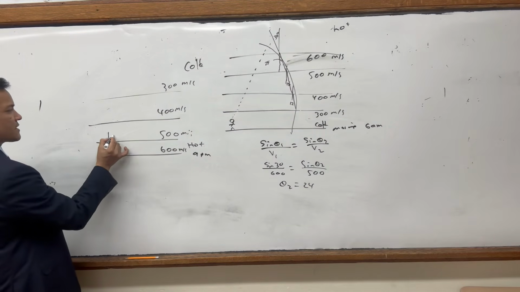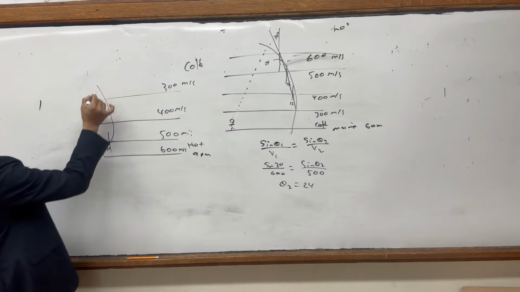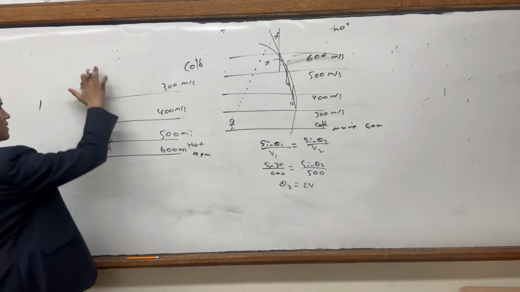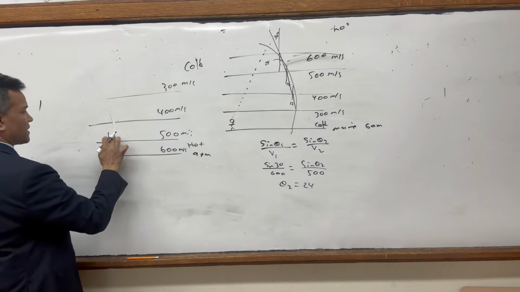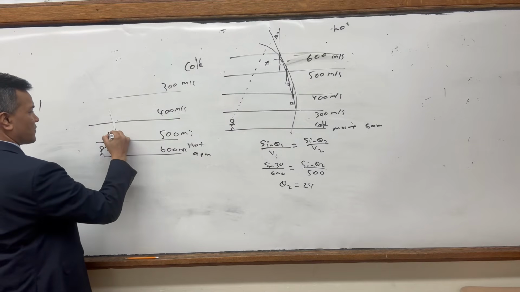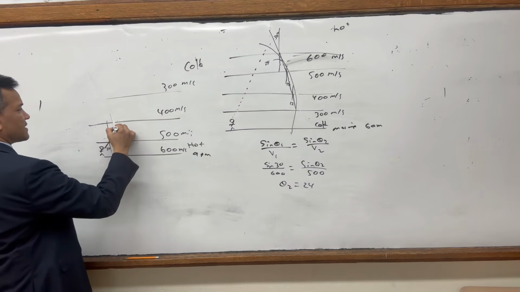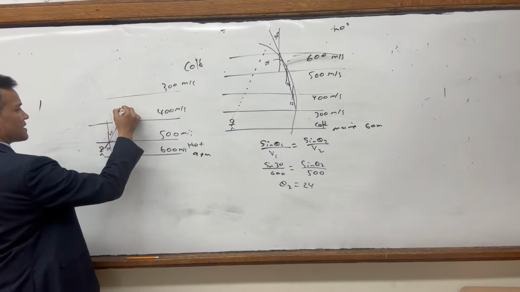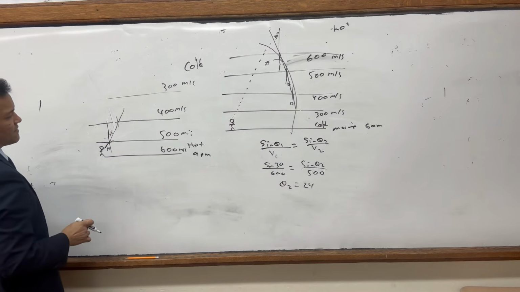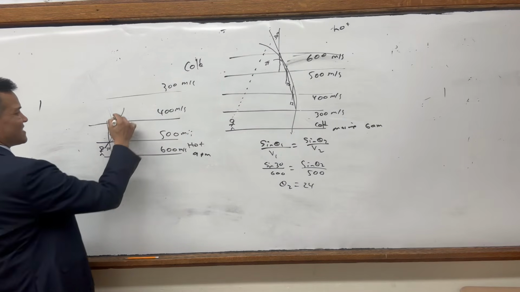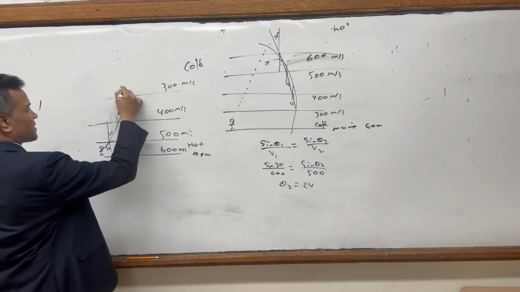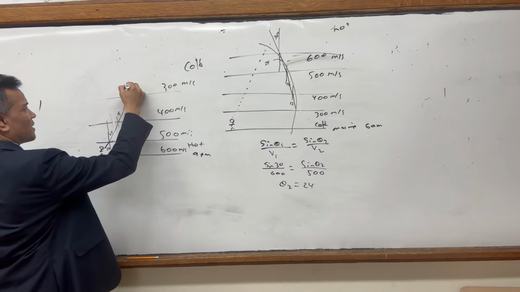It's going to bend like this. It's going to move to the cold. So let's see what this one is going to be. This one is going to be, I don't know, 24, and then let's make it up, 18, and then this one is going to be 12 and something.